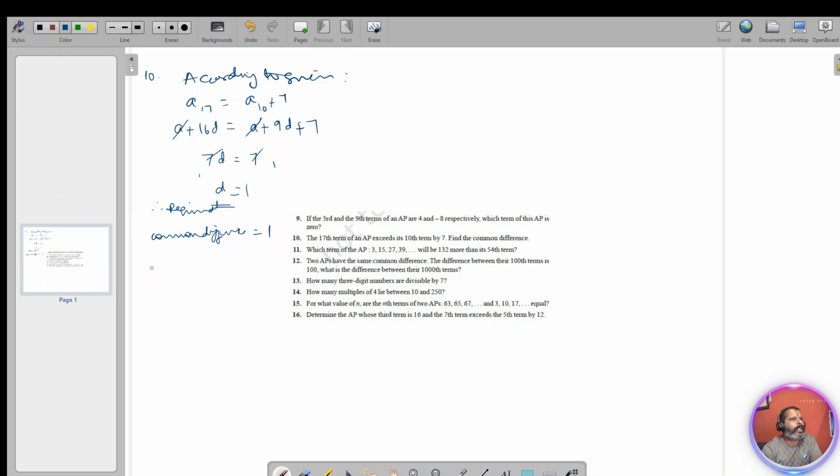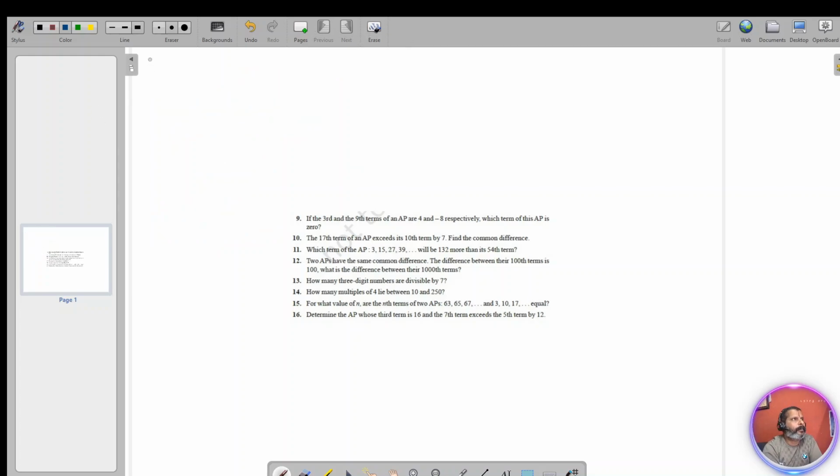Okay, let's move to the 11th one. Which term will be 132 more than its 54th term? The AP is given, so the 54th term you have to first find the value. To that you add 132, it comes to one number.